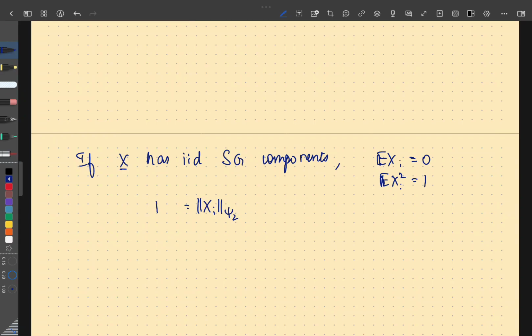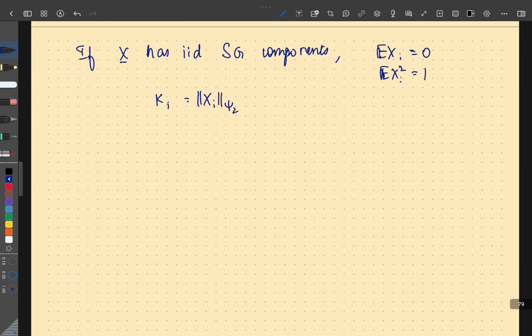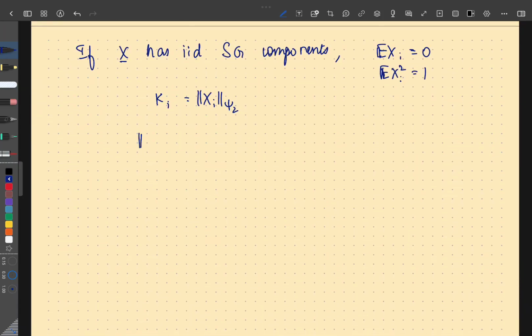So let's say that Ki is the subgaussian norm of xi. What can we say about the centered variable, the L2 norm of x minus square root of n?